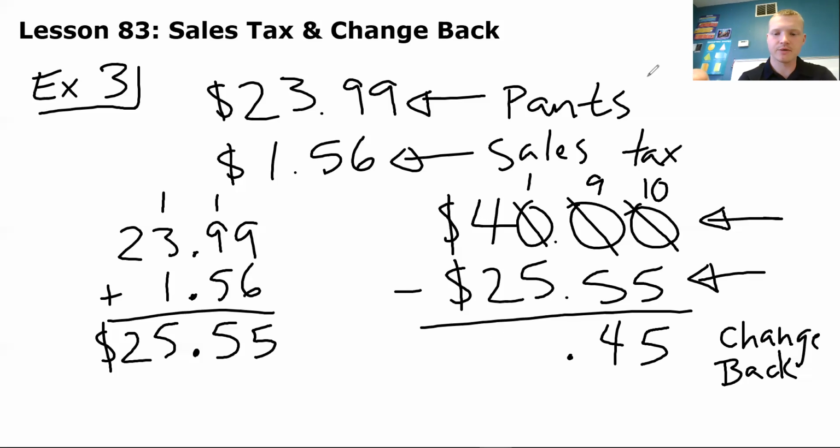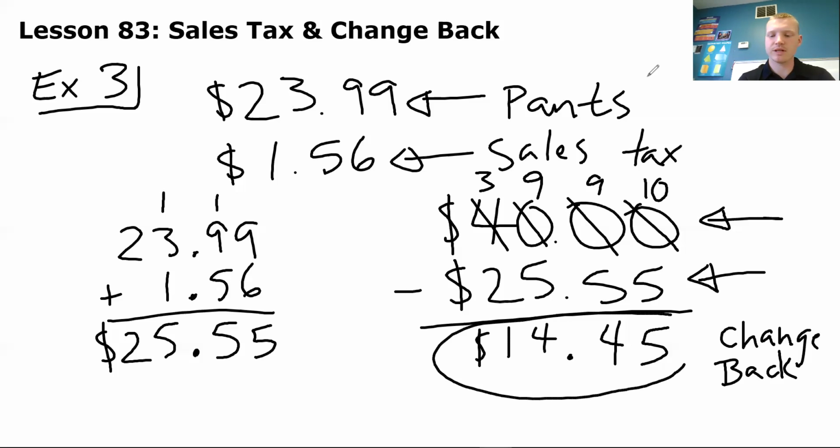Undo, undo, undo. Okay, so we're also borrowing from this 0, which is a 9. Oops, Mr. Doomer made a mistake. Borrowing from that 4, it's going to be a 3. So 9 minus 5 is going to be 4, and then 3 minus 2 is going to be 1. So we should get $14.45 back from the clerk.